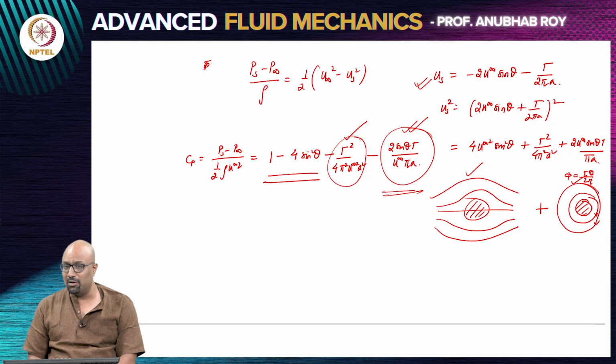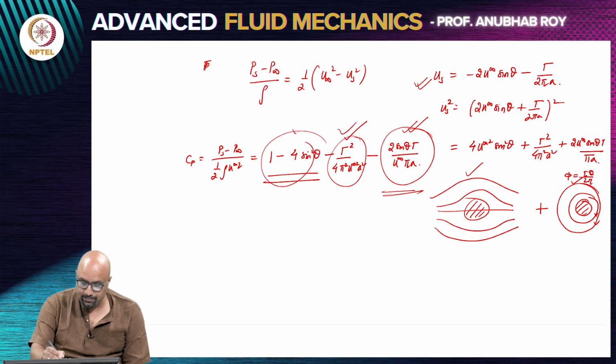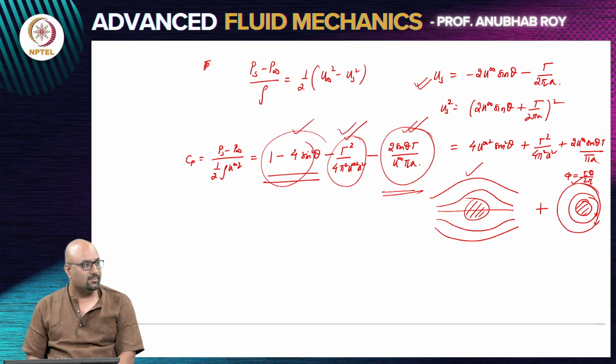That is a point I have repeated few times, and it is important to keep this in mind, that the nonlinearity is not gone away, it is present in the problem. So your surface pressure is not a linear combination of the two surface pressures, because if it was, you would have only obtained these two and nothing else.